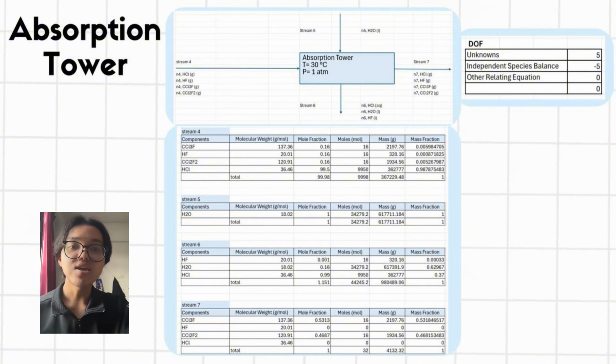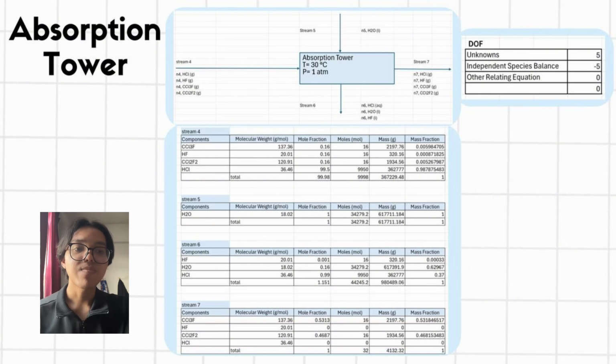Stream 6 is the liquid outlet. This is the water stream now containing the absorbed HF and HCl. Stream 7 is the gas outlet, which carries the unabsorbed gases, mainly CFCs, and a reduced amount of acidic components.